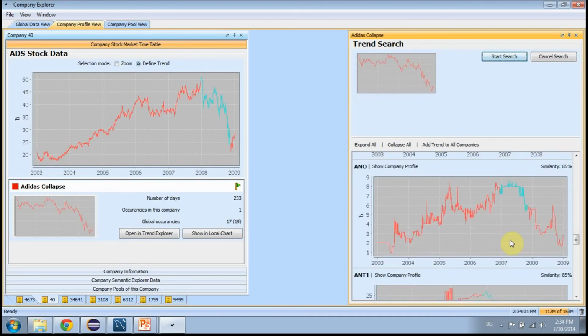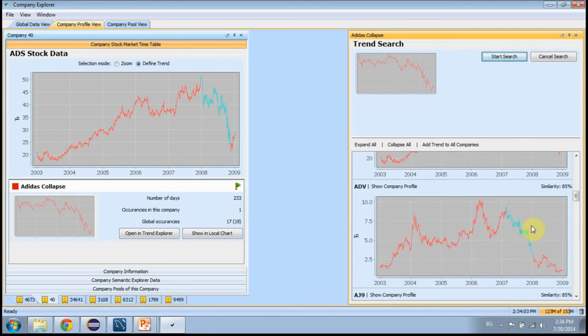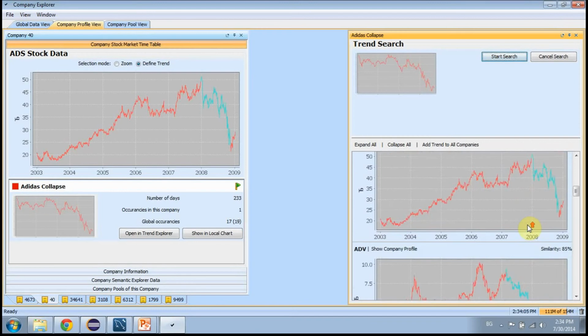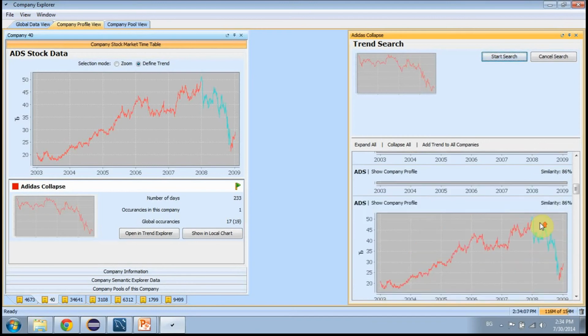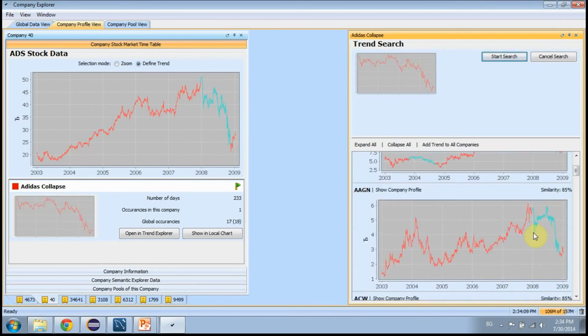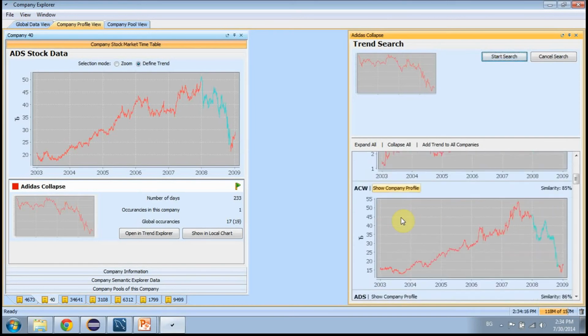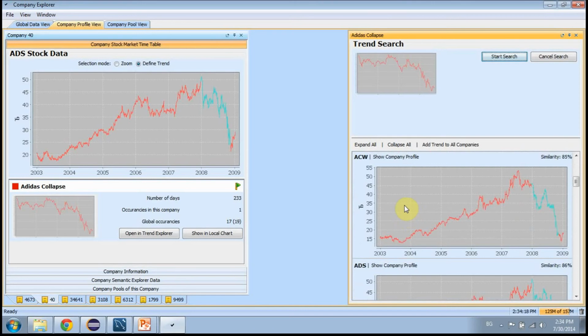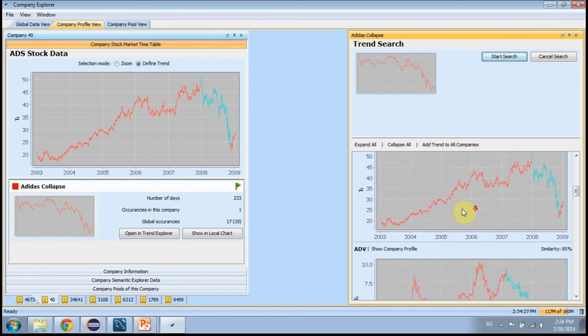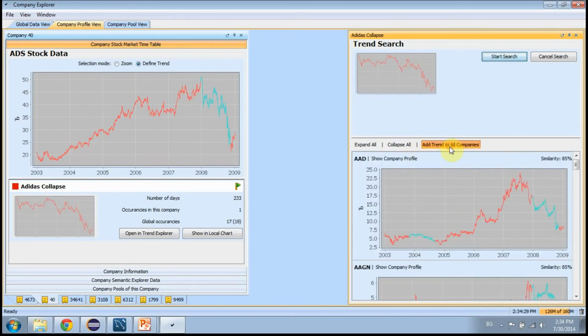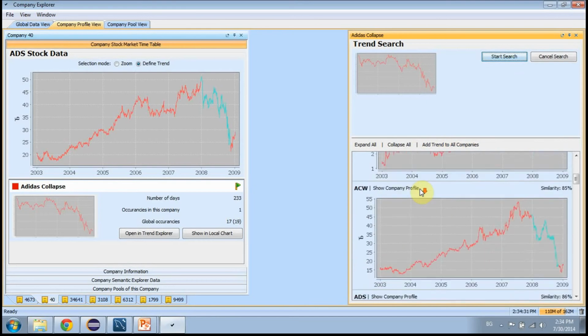I see that in most of these companies, when this specific trend is coming, it is around the collapse of the stock exchange in the 2008-2009 period. So I would like to make an annotation in the company profiles for all of these companies because I'm interested in this trend, and I will add this trend to all of them.